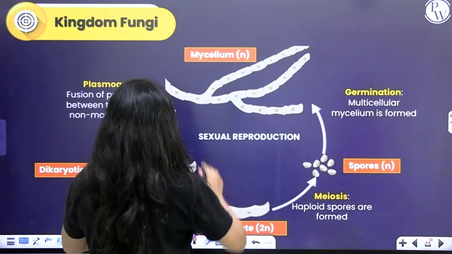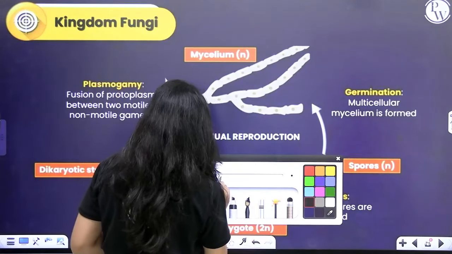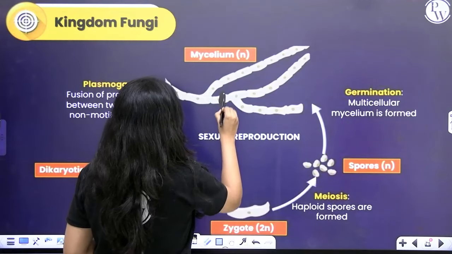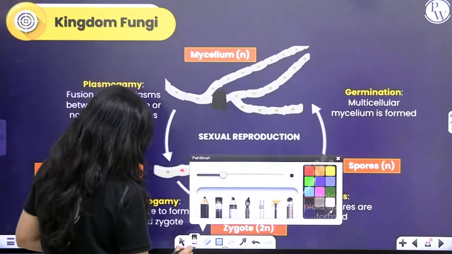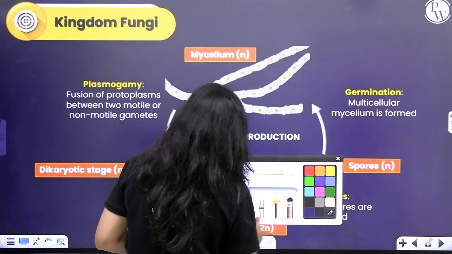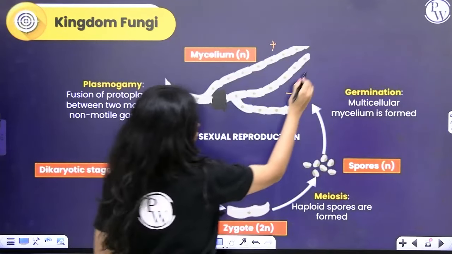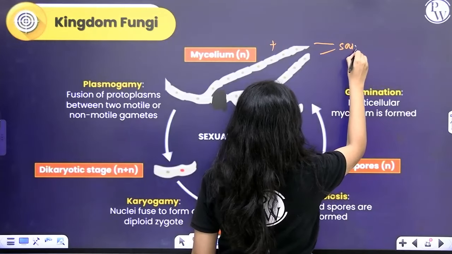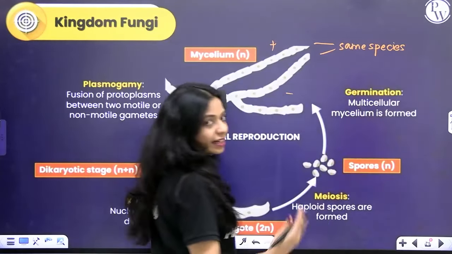Let's start from here. Here we have the mycelium, right? Let's say there are these 2 mycelia here of 2 opposite mating types. Let's call this plus, let's call this minus. Both of them belong to the same species, but they are of opposite mating types.